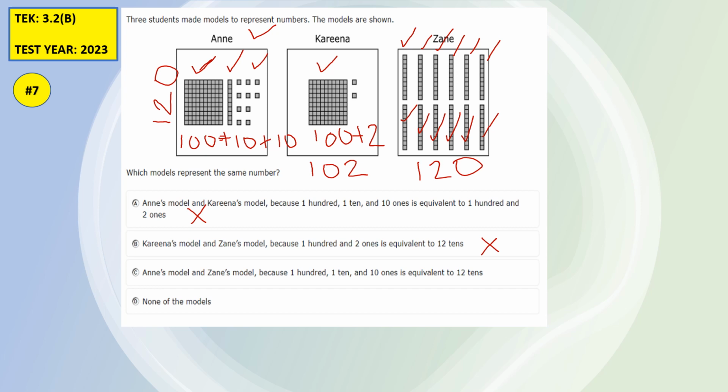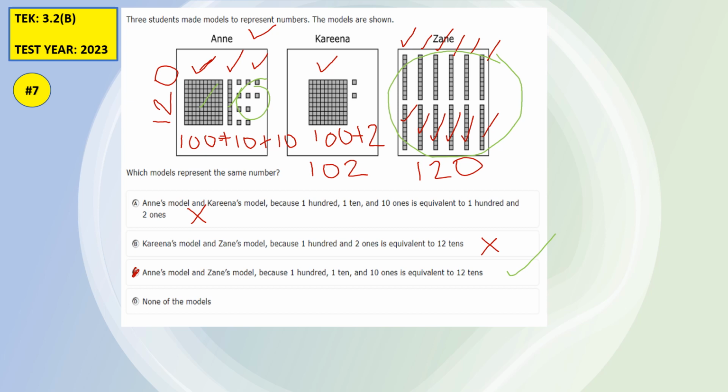Well, that's true, because 100, 110, and 10 ones is equivalent or equal to 12 tens. And that's true.